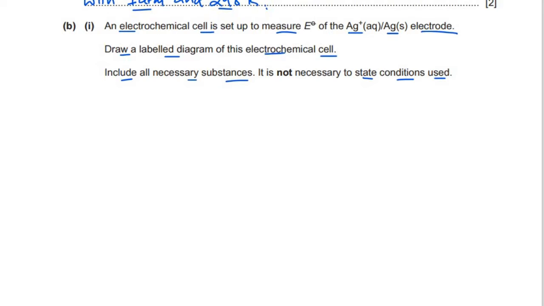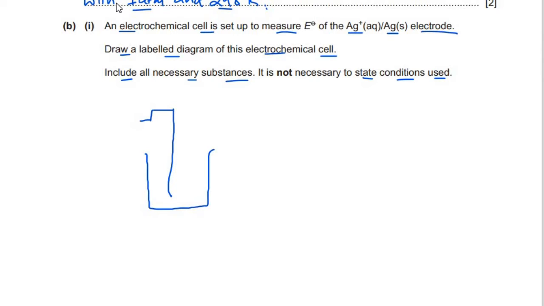So let's draw the silver ion to silver electrode, and that has to be in comparison with the standard hydrogen electrode. Now my diagram may not be very specific because I'm drawing on a screen, but I'll try my level best to explain all the necessary conditions required here.